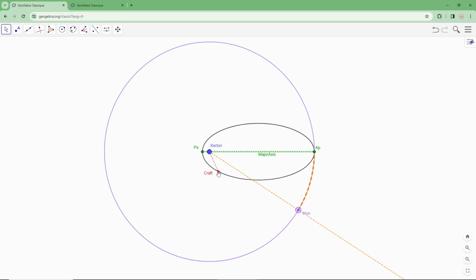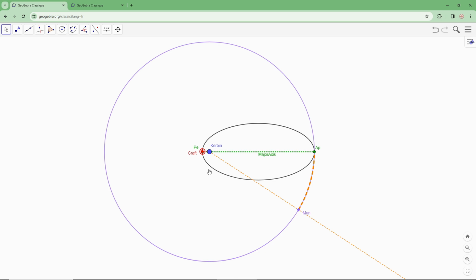And during that time, this is the angle of the Moon, and I need to know the angle from the craft to the Moon with Kerbin at the center. So I want to know the angle craft-Kerbin-Moon when my craft is at that point. So I know the angle Moon-Kerbin-apoapsis, so I'm able to calculate that angle.